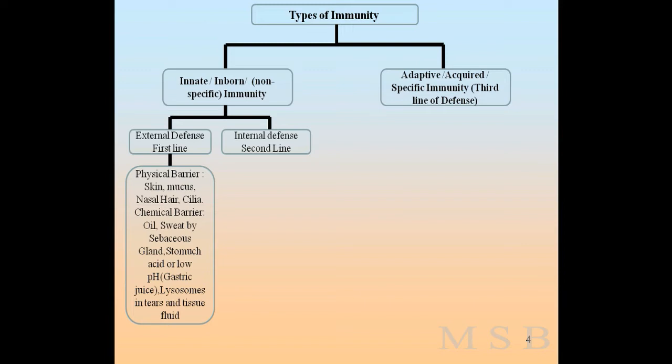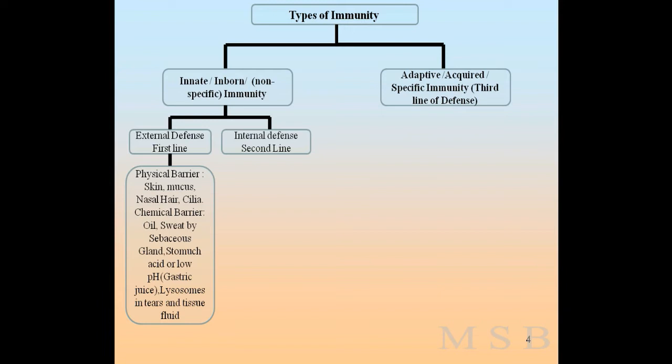Similar types of barrier immunity are provided by other surfaces of the body like the respiratory epithelium, GI epithelium, genitourinary system and the surface lining of the nose and pharynx that prevent attack by pathogens. The respiratory epithelium has a particular kind of cilia which propels microorganisms out of the body.